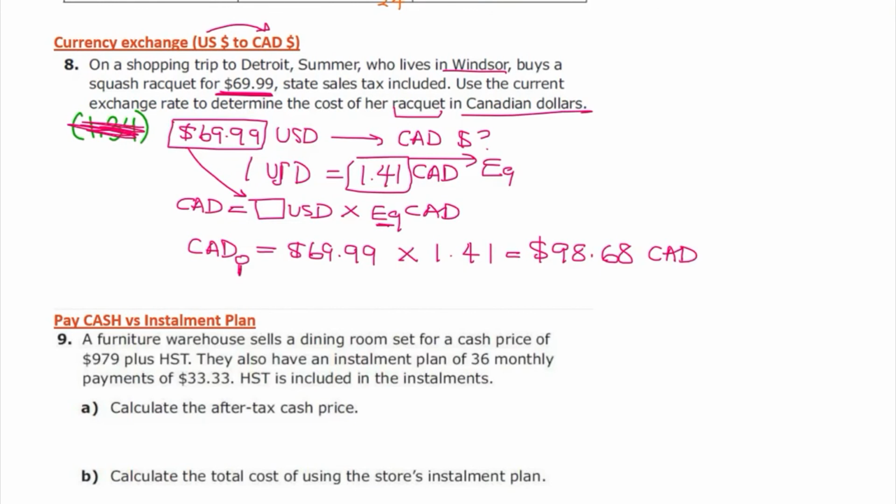So the person will have to pay more to get the squash racket if the person converts the money from US dollars to Canadian dollars. So that is it for currency exchange.